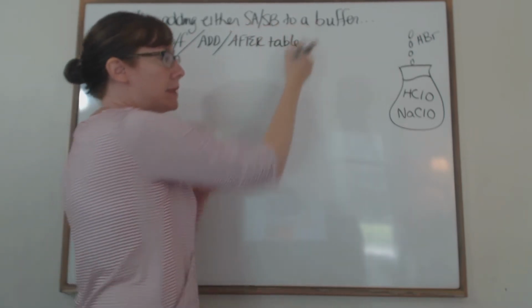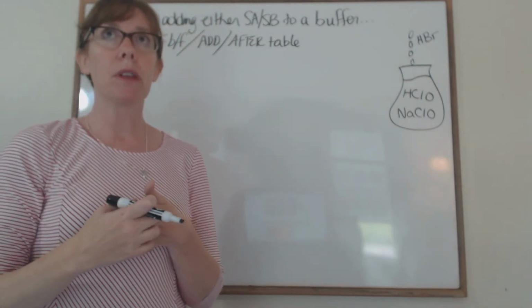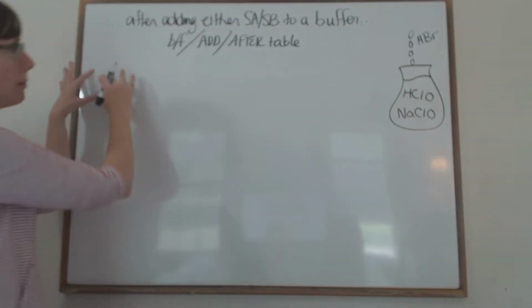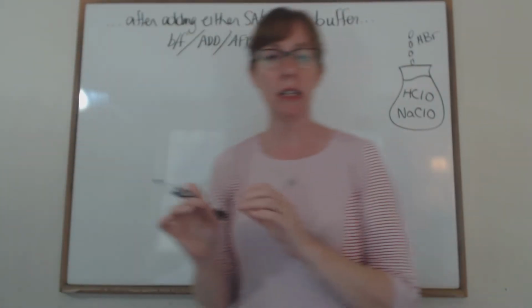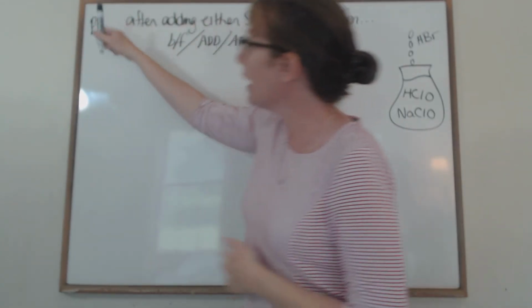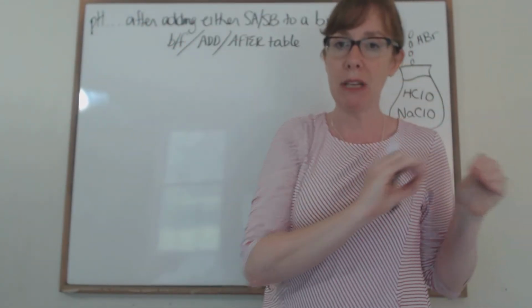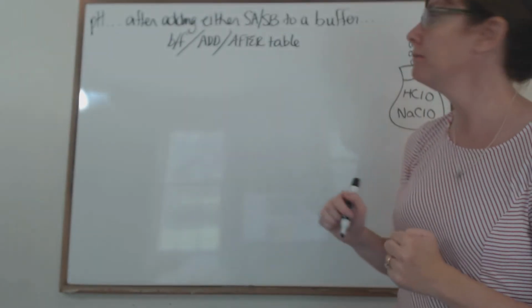It's not the same as an ICE table. It kind of looks a little similar, but it's not the same, and I'll show you how. This is what you're going to use for any question that's talking about calculating the pH after you've added something to a buffer, not just the buffer chilling, but after you've added something into it.